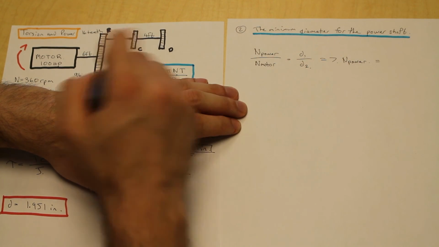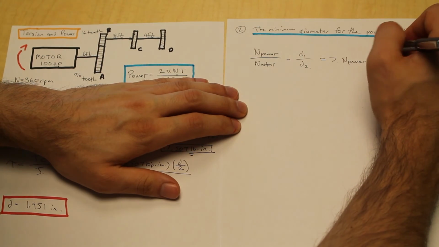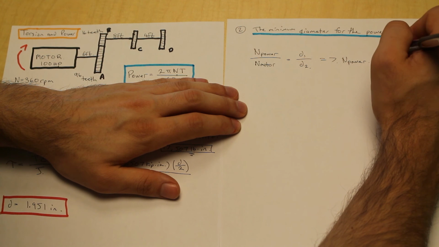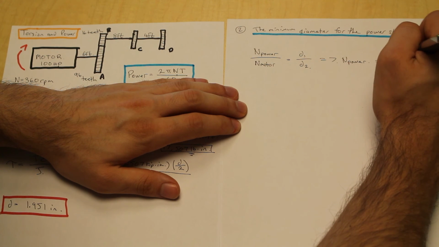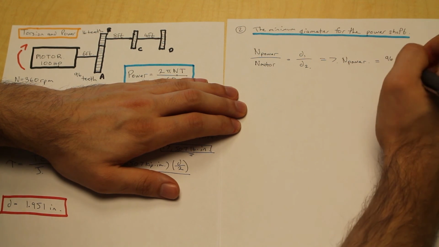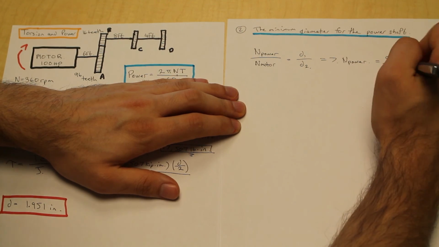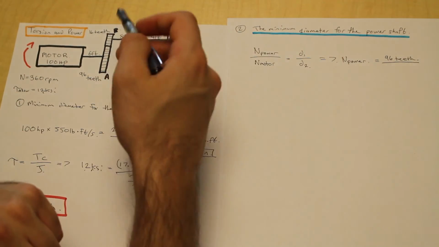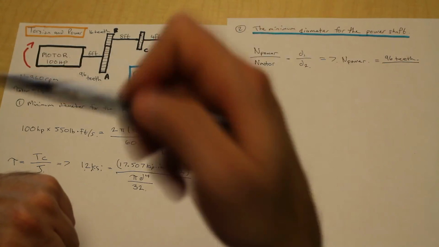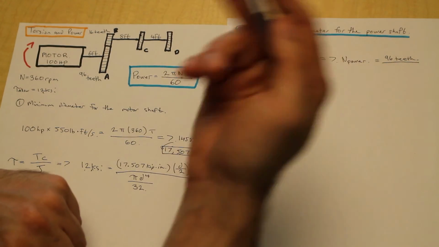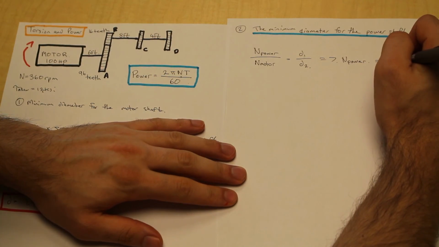D1 in this case is our larger gear. D2 is our smaller gear. As we discussed, the smaller gear is going to be moving faster because it's smaller; it'll rotate more than the bigger gear.